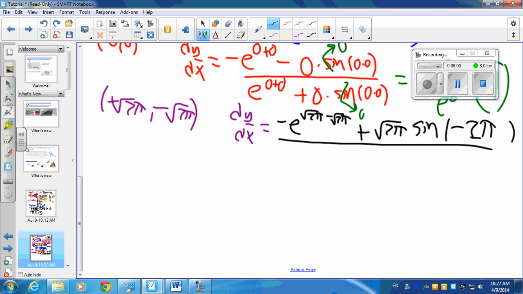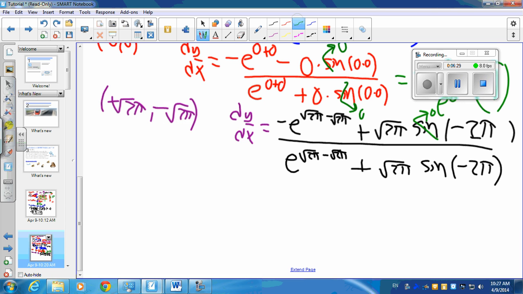0. Sine is 0. So this thing is going to go to 0, not because of the square root of 2 pi in the coefficient, but because of the sine of 2 pi. And then in the bottom, you're also going to have e to the square root of 2 pi minus square root of 2 pi. There's going to be 0 again, plus x square root of 2 pi times the sine, which will be negative 2 pi again.